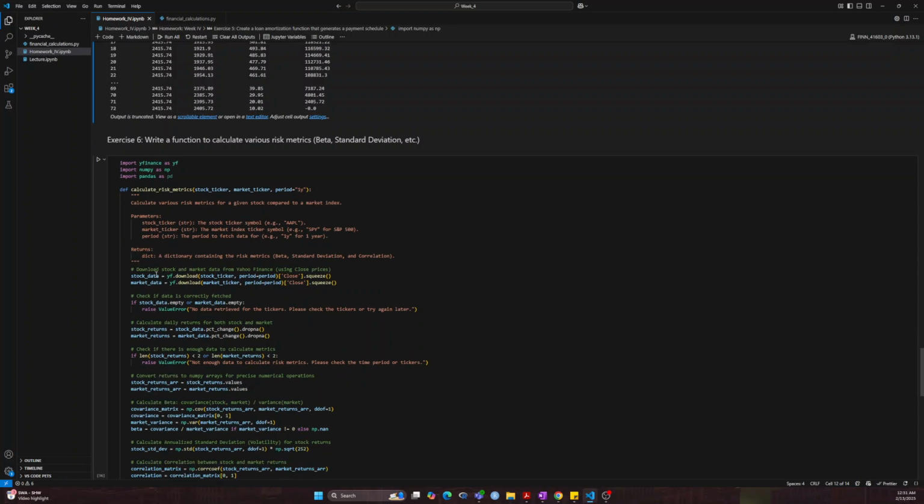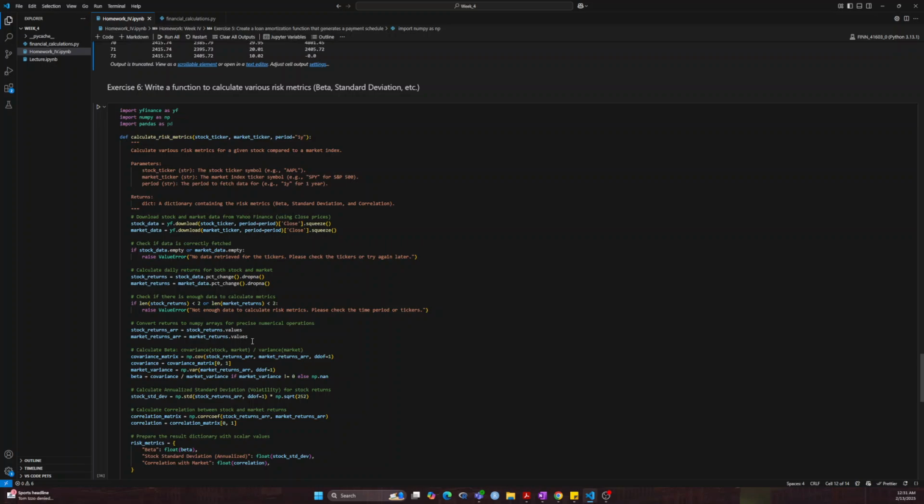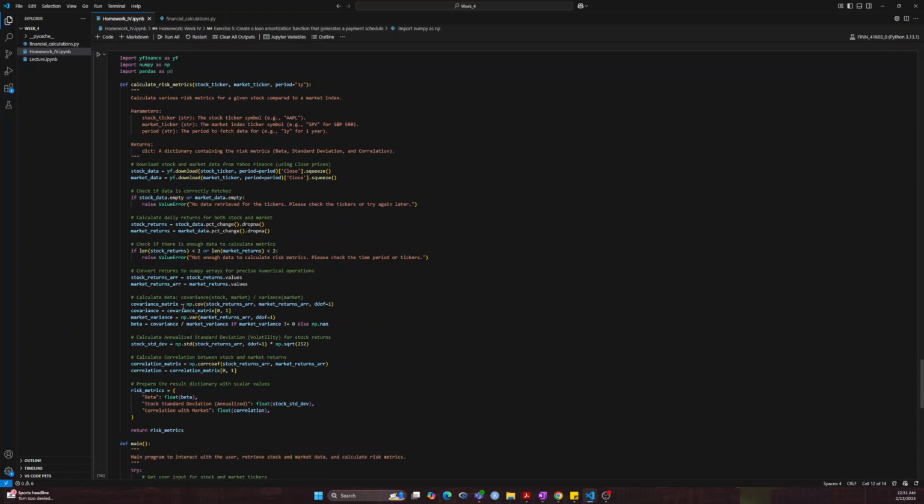So we can see here where it's downloading the stock data and the market data, which we both get as input from the user, and then we do some error checking. Then here we calculate the daily returns from the stock and the market. And then we do more calculations here, calculating beta, calculating annualized standard deviation or volatility, and also calculating correlation between stock and market returns.